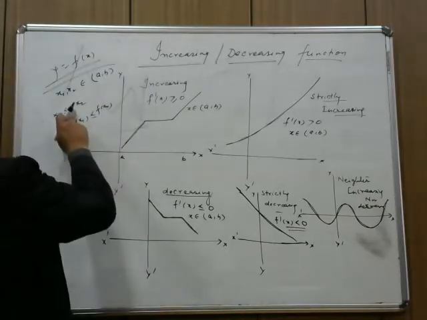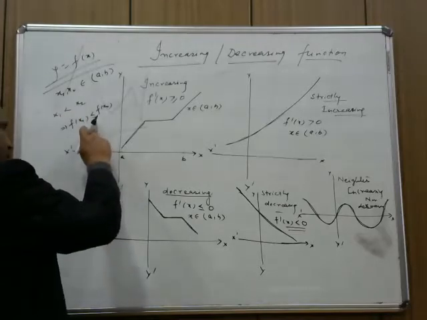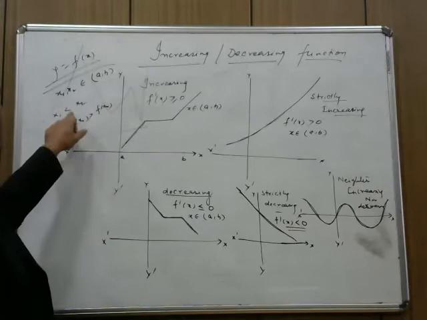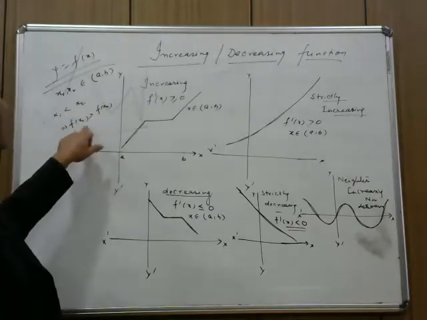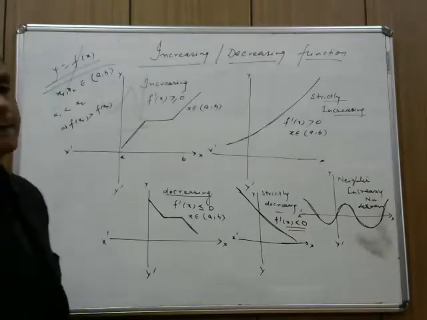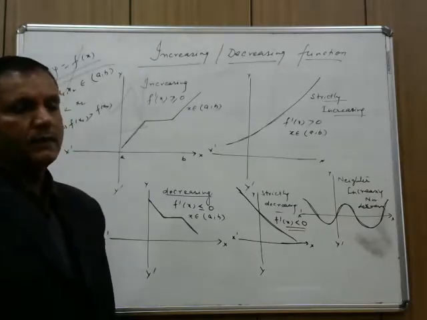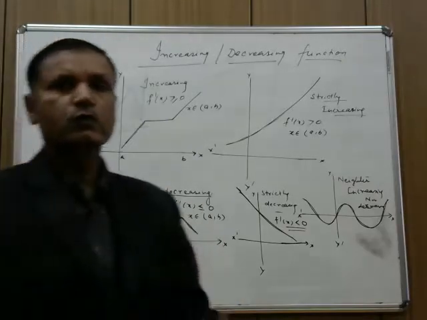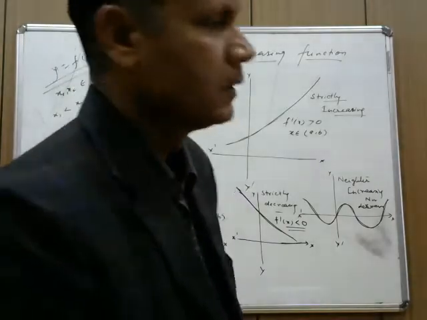Similarly, when x1 is less than x2 and f of x1 is greater than f of x2, then the graph is decreasing, right?